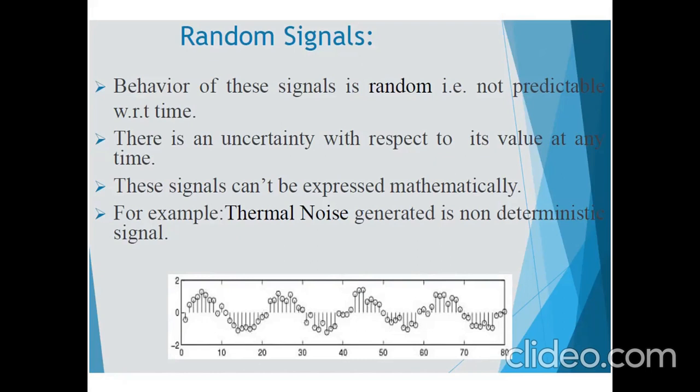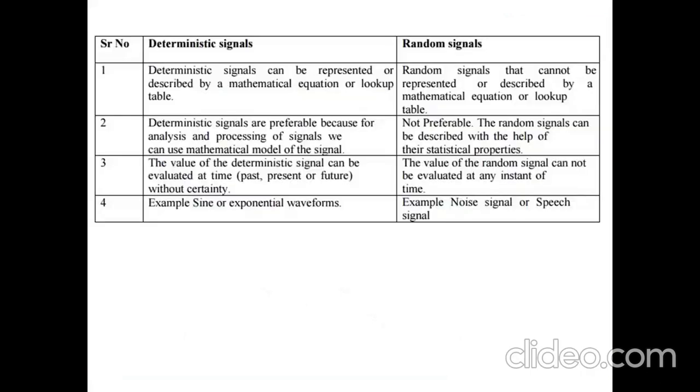There is an uncertainty with respect to its value at any time. This signal cannot be expressed mathematically. For example, thermal noise generation is a non-deterministic signal. Similarly, lightning discharge. So these are non-deterministic signals.